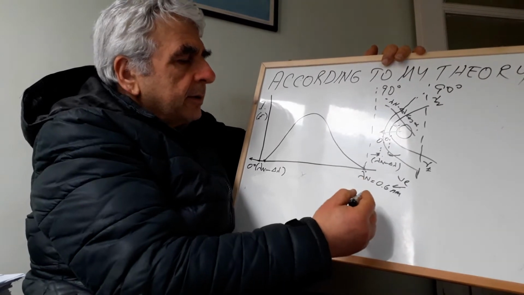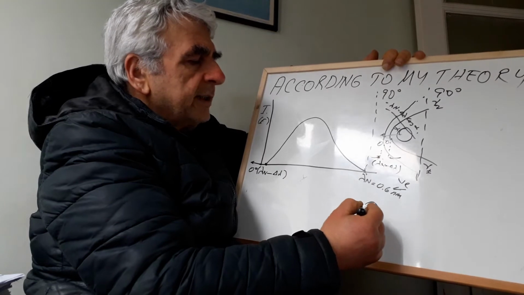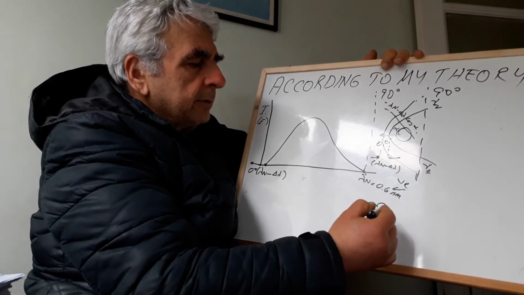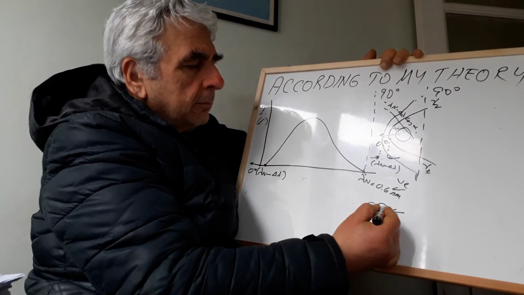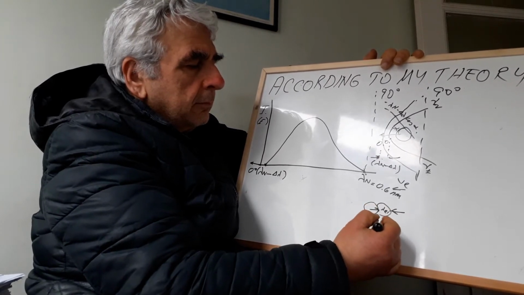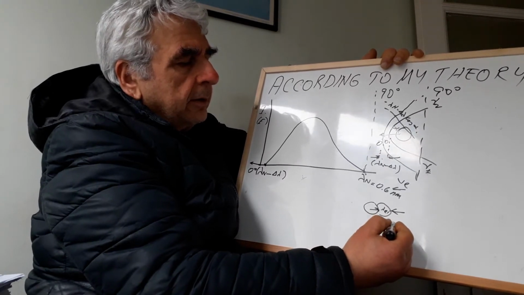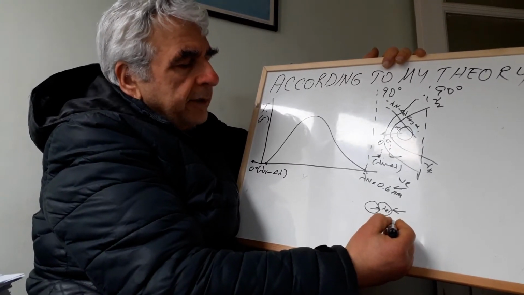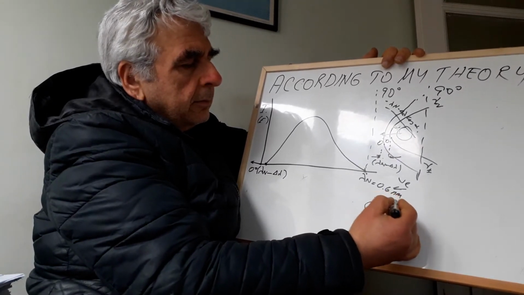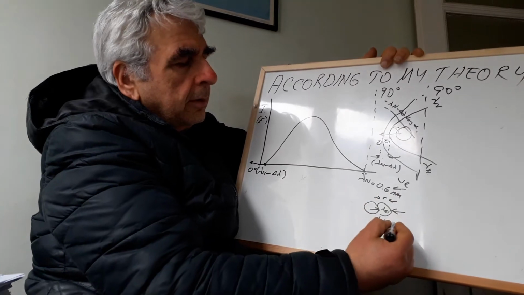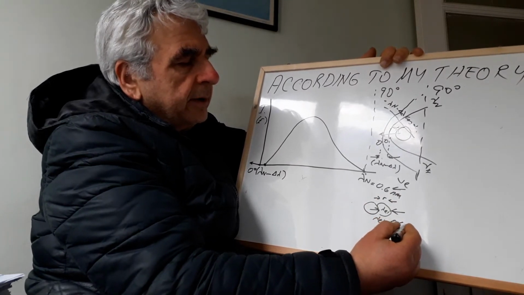This means there is an electron which has a normal, initial electron wavelength, radius, equal to 0.6 nanometer.